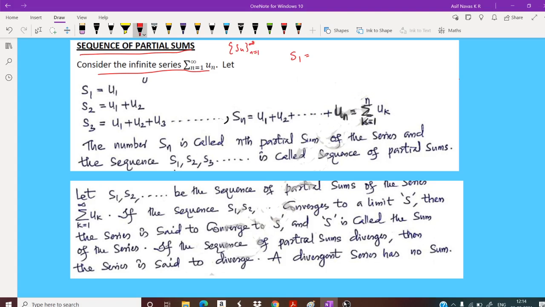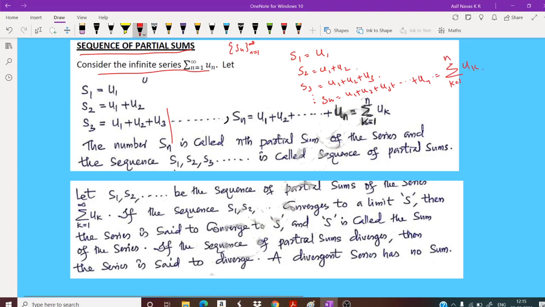The first term is S1, which is u1; the second term is u1 plus u2; the third term is u1 plus u2 plus u3, etc. The nth term is u1 plus u2 plus u3 plus etc. plus un, and this is simply equal to sigma k equal to 1 to n uk.